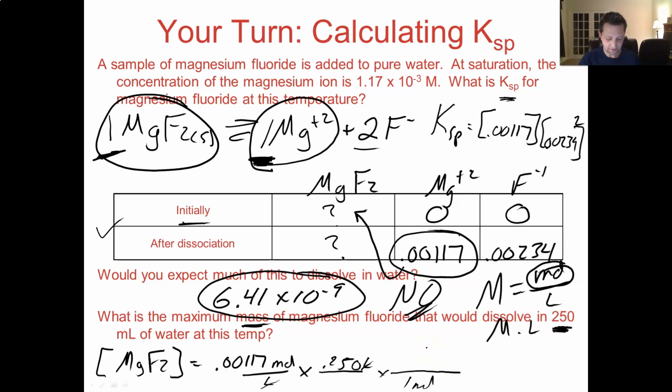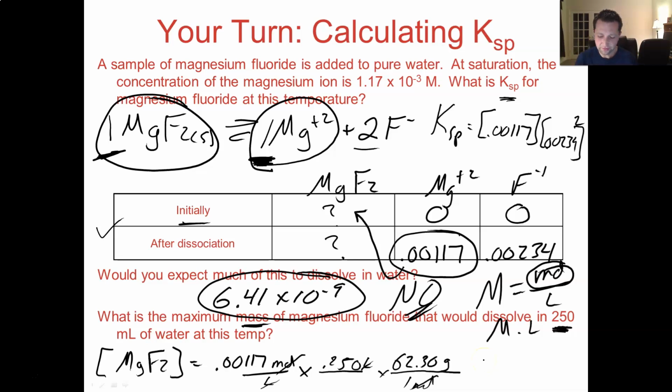The molar mass of magnesium fluoride is, I have it written down here, 62.30 grams per mole. So the moles cancel. You do 0.00117 times 0.250 times 62.30, and you will get your mass of magnesium fluoride.